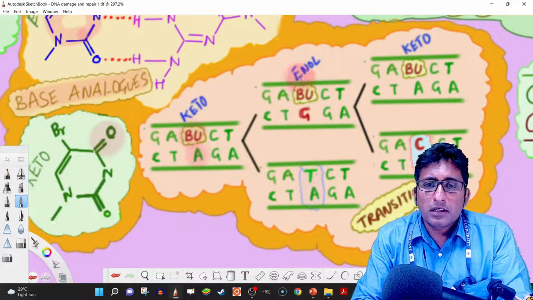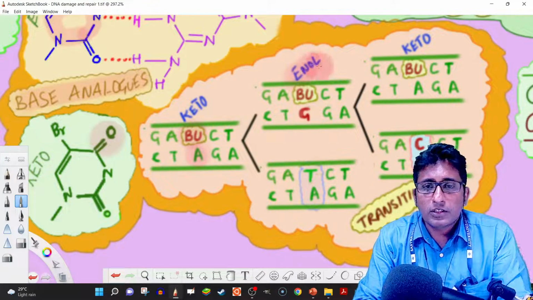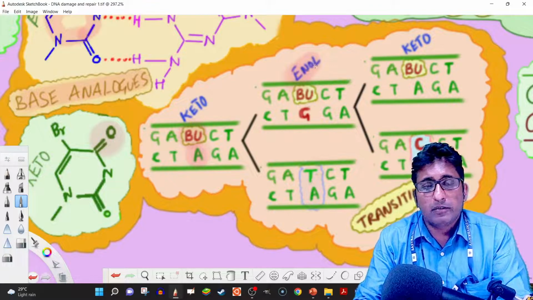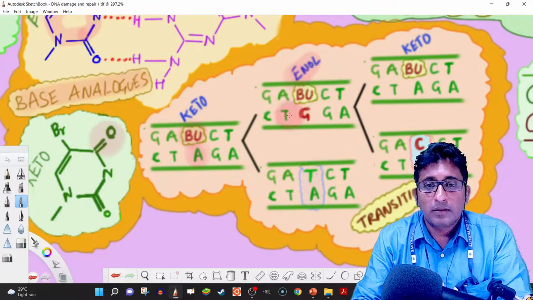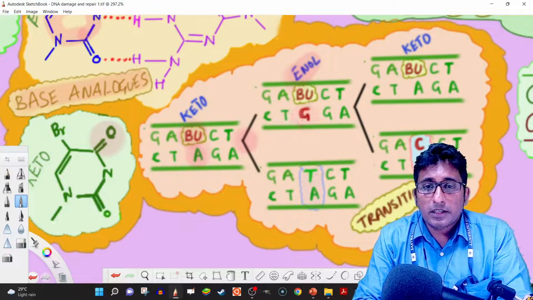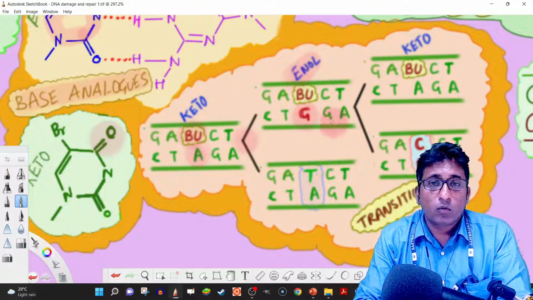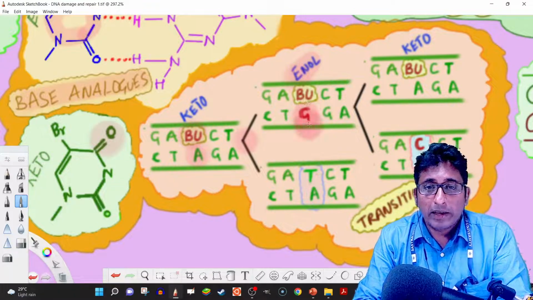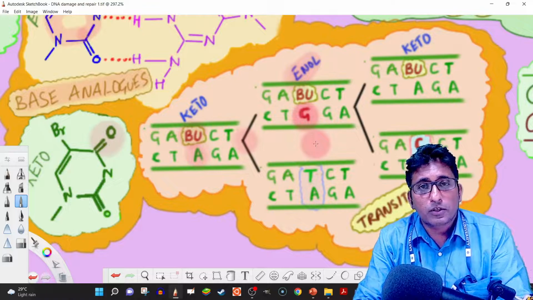If bromouridine has changed to the rare enol form, and replication did occur, it will base pair with guanine, and now we have what should have been an adenine. Here we have an incorporation of guanine.